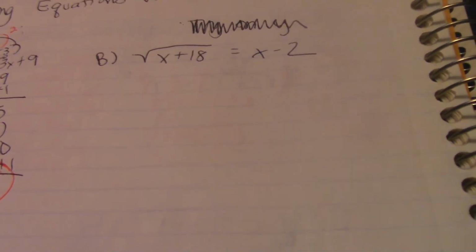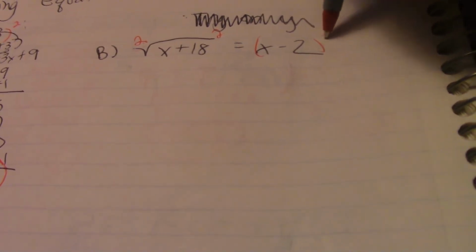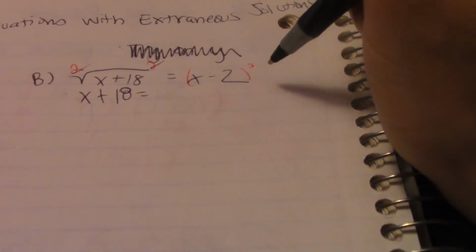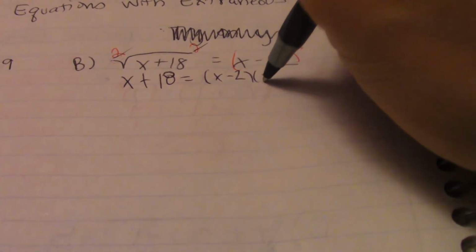We have to get rid of the square root. Whatever number is here is what we put up here. We don't see 1, so it's a 2. And remember, this has to go in parentheses over here. So these cancel, we're left with x plus 18. And over here, I've got x minus 2 and another x minus 2.